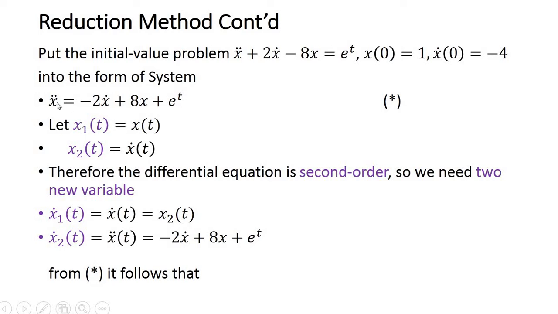If you have a differential equation of highest order 2, you need 2 variables. If you had a derivative of order 3, you would have x3 equal to x double prime. Remember that iteration from our previous slide. Therefore, the differential equation is second order, so we need 2 new variables.